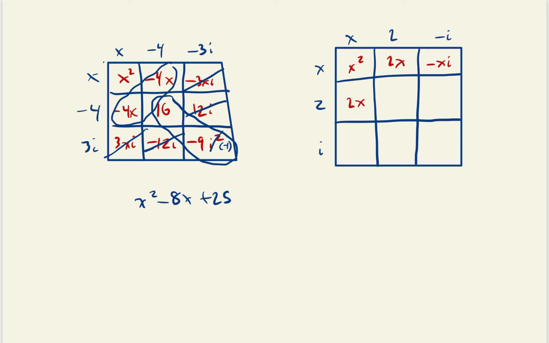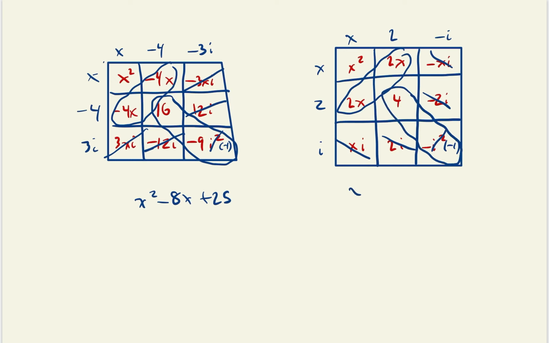And now we would do the same thing. x squared, 2x minus xi, 2x, 4 minus 2i, xi, 2i, negative i squared, which is really negative 1, which is really positive 1, because you have a negative times a negative. So these cancel each other out. These cancel each other out. We have like terms and like terms. So this is going to be x squared plus 4x plus 5. The 5 is because you have a 4 plus 1.